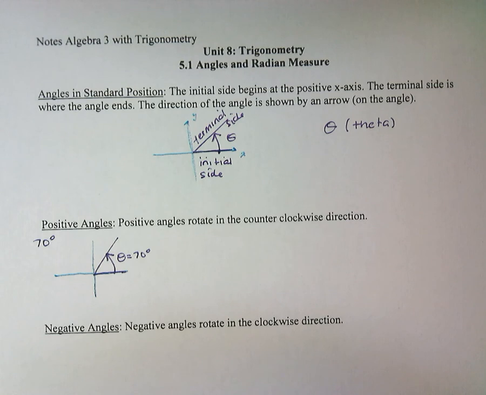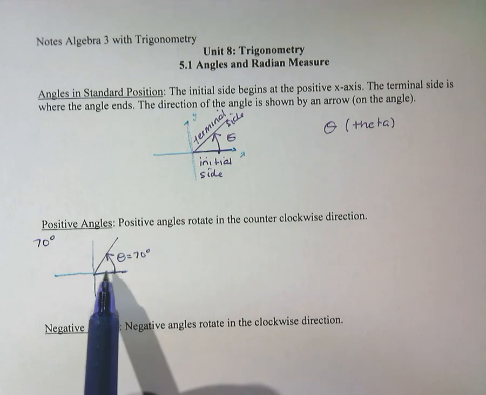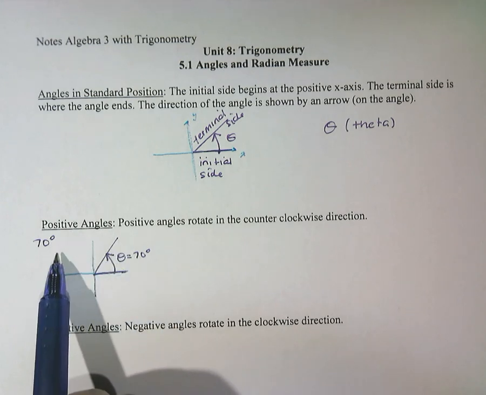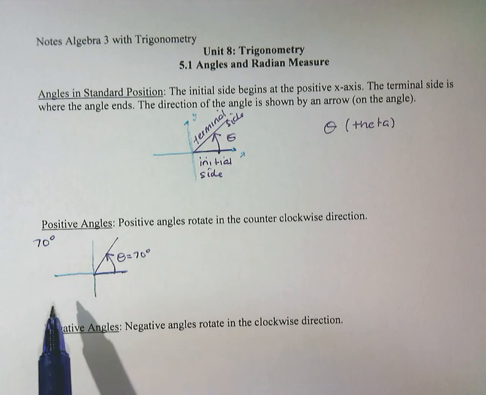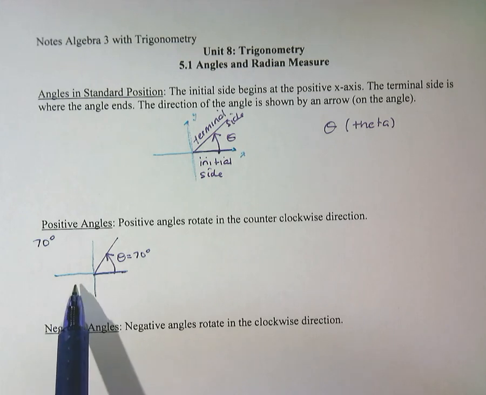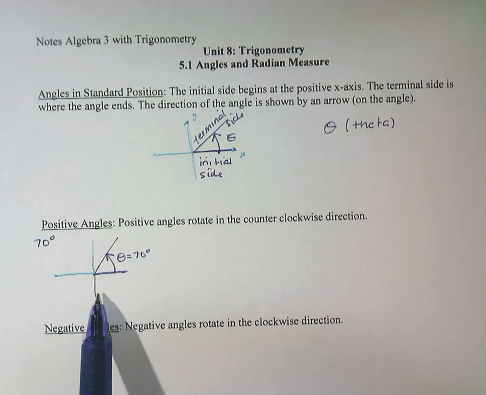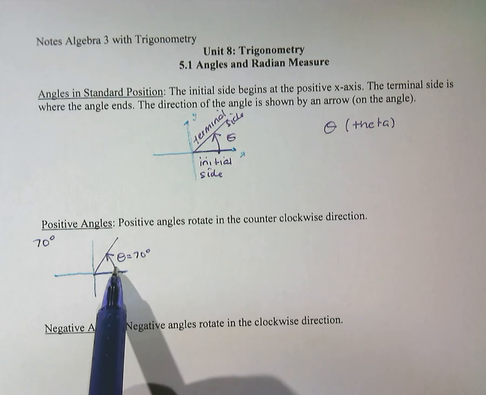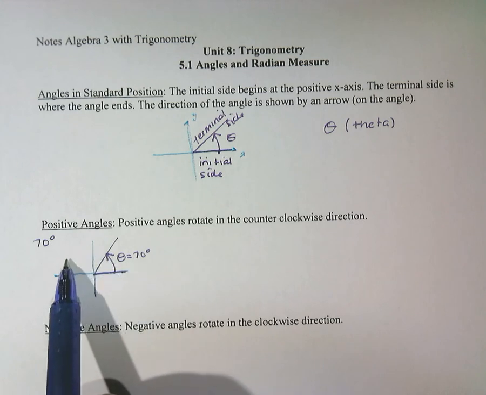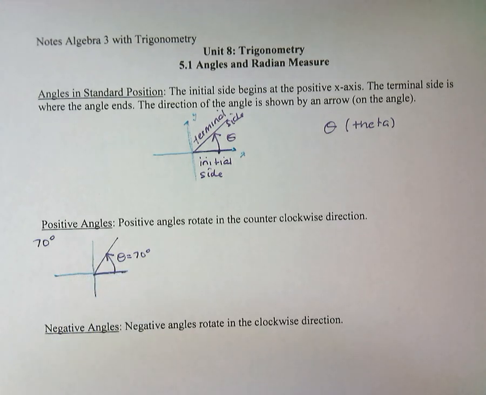I think one of the best ways to remember which direction is positive is when you're talking about quadrants. This is quadrant 1, this is quadrant 2, quadrant 3, and quadrant 4. So this angle is moving from quadrant 1 to 2 to 3 to 4.